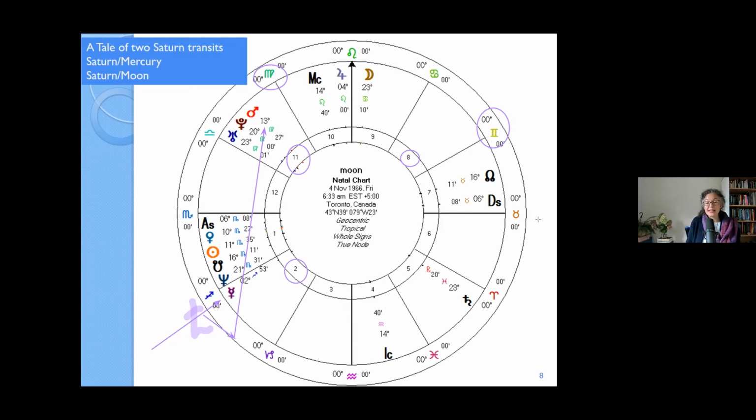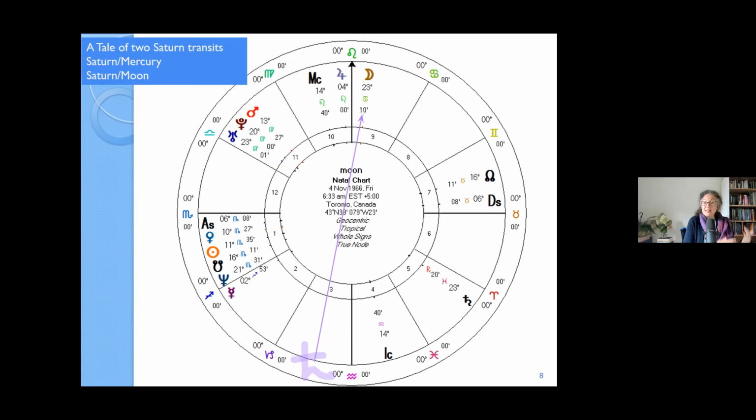Now, more recently, as many of you know, we've had Saturn in Capricorn. And while Saturn was in Capricorn, this individual experienced Saturn opposing the moon in their chart. Now, this was a very different experience for them. This was a time of some professional success where they were at a very exclusive, privileged role within their industry.